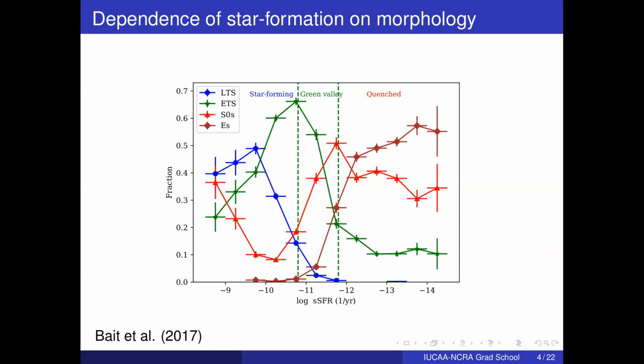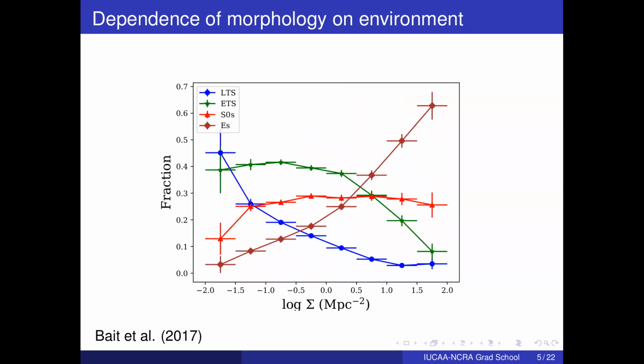In general, the vertical size of the error bar is an indicator of how many galaxies there are. This is like a Poisson fluctuation on the numbers. If the error bar is large, as it is here, the number is quite small, whereas here the error bar is quite small, so the number is large. It varies in every bin and every class, but there are a lot of galaxies, so we were able to do this.